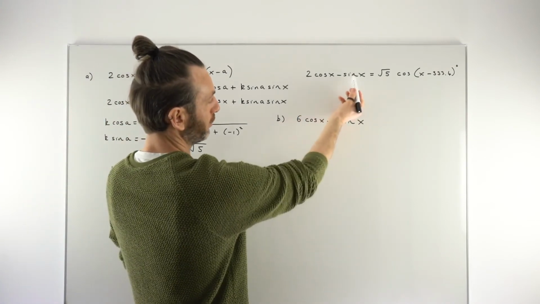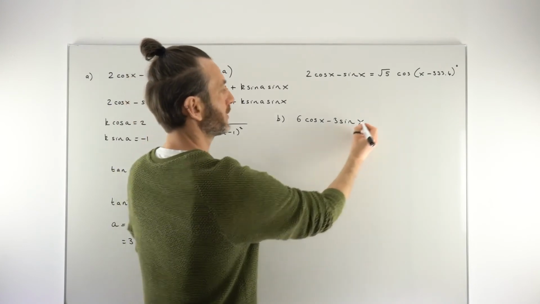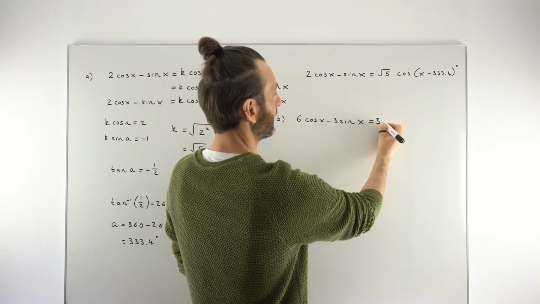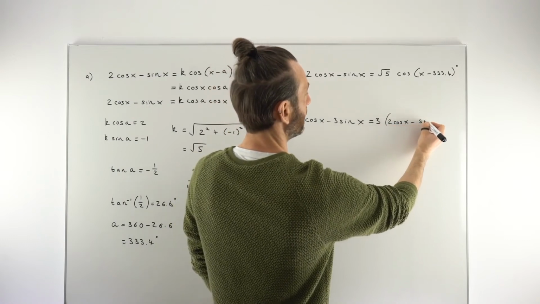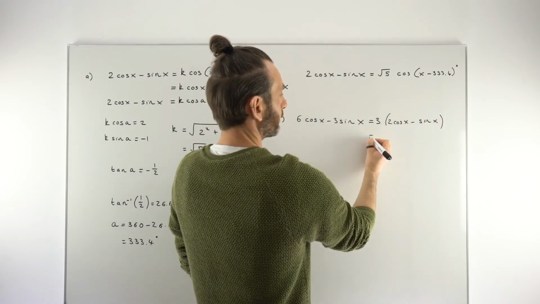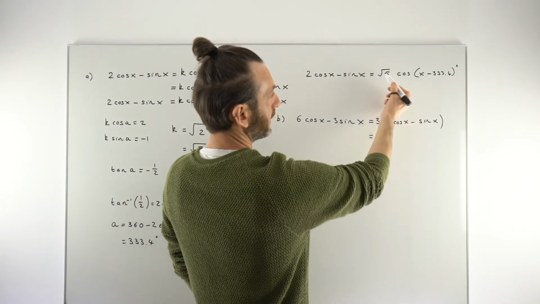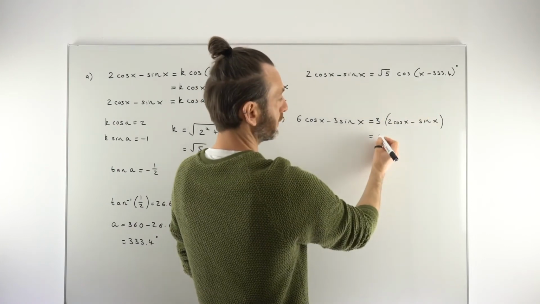Well, this one has been multiplied by 3 to give us this one. So this is basically equal to 3 times 2 cos x minus sine x. But we know that 2 cos x minus sine x can be written like this. That's what we did in the first part of the question.